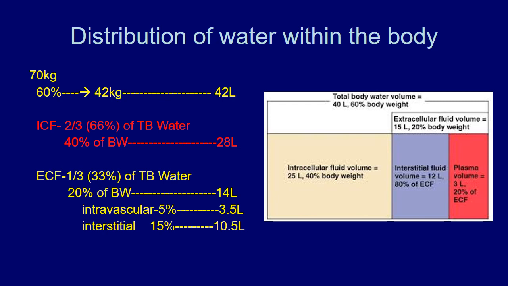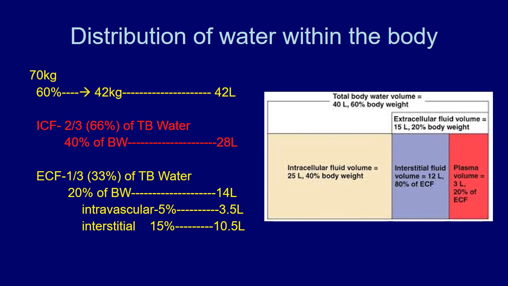When you look at ICF, out of this 42 liters, two-thirds of it, or 66% of this total body water, is inside the intracellular fluid. That would amount to about 28 liters. And the rest, 33% or one third of total body water, is in the extracellular fluid.